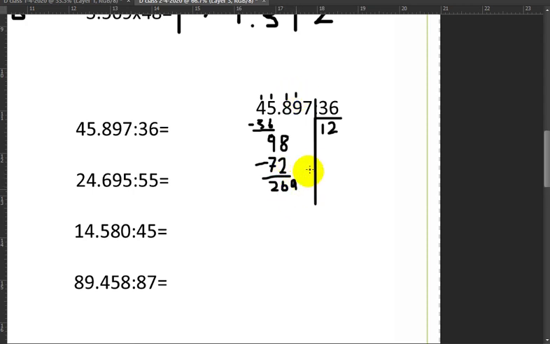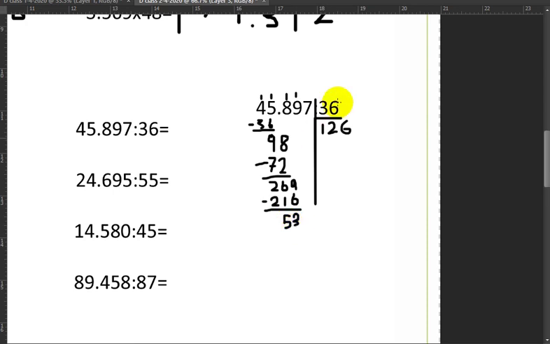I pull down this 9. And now I say, how many times does 36 fit into 269? Or how many times does 4 fit into 26? And that would be 6. I want to do 6 times 36. So what I get is 6 here, and then 21. Now this is going to give us a mistake. We're going to get 53.